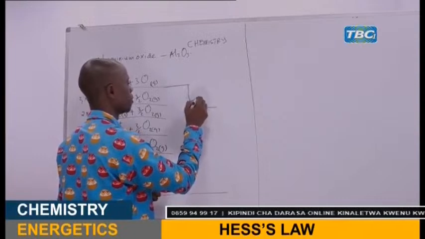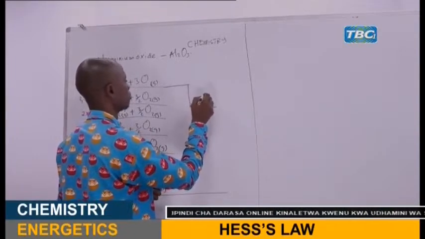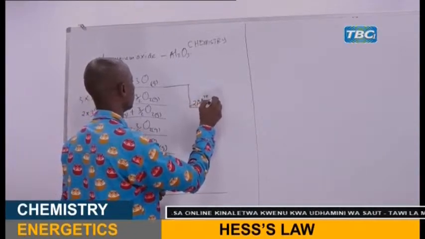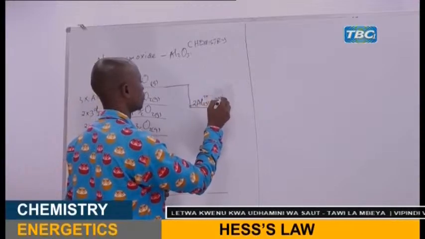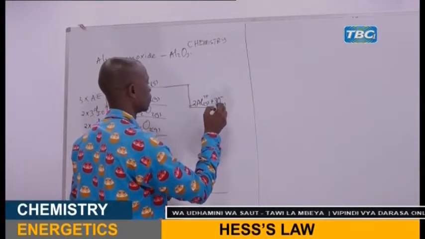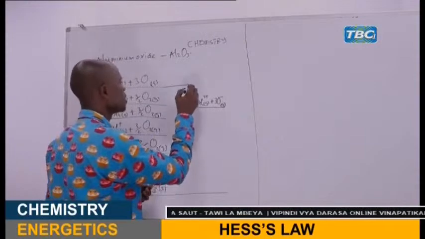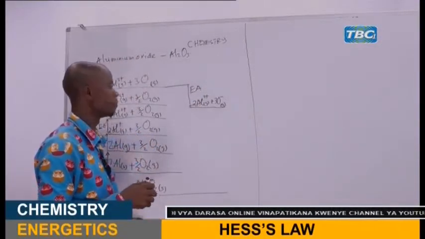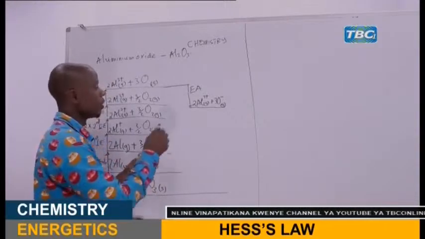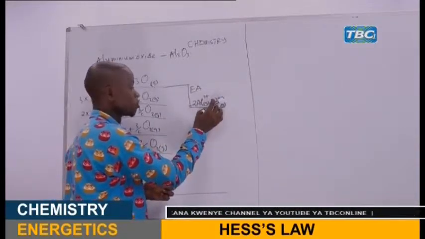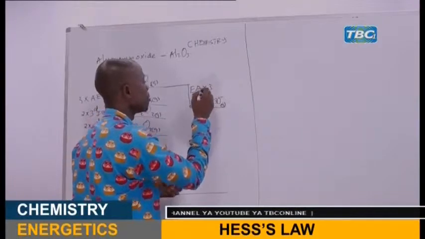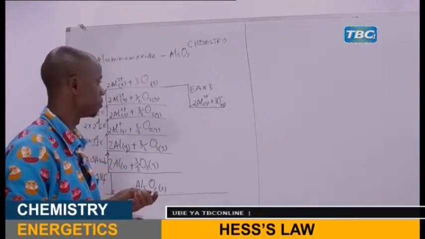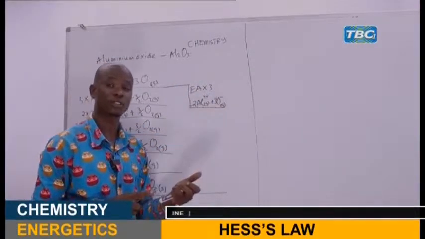Here you have aluminium. That one, so this is electron affinity. Now from there, because there are 3 atoms of oxygen, you multiply by 3. So that is the first electron affinity.